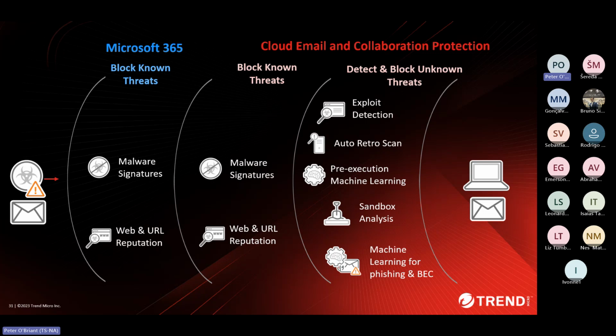That's going to go back and look. And then, of course, the pre-execution machine learning. So we do take advantage of AI and machine learning for protection. And then, like I was saying, the sandbox analysis. And to give you an example, last year we detected an additional 26 million threats using this multi-layer security approach. So not a small number there.